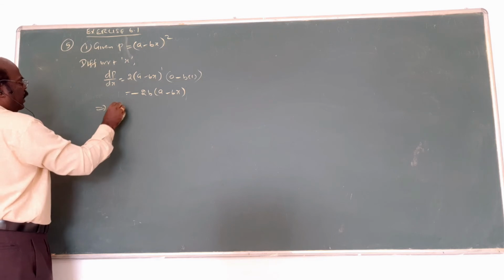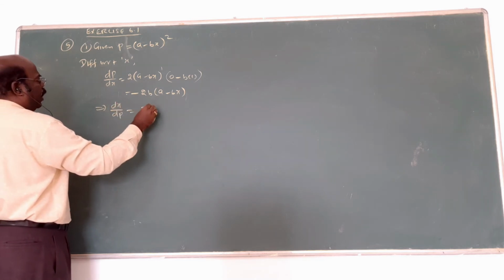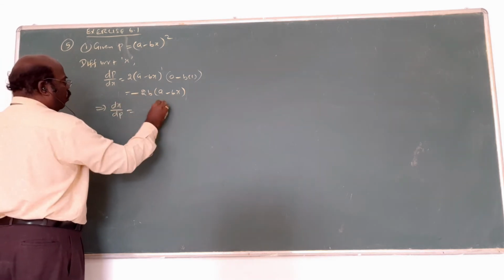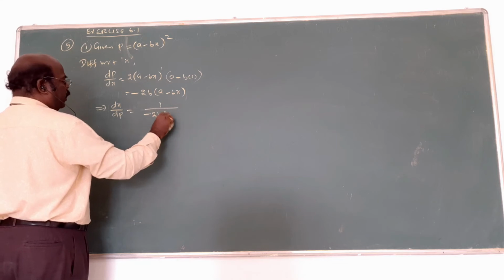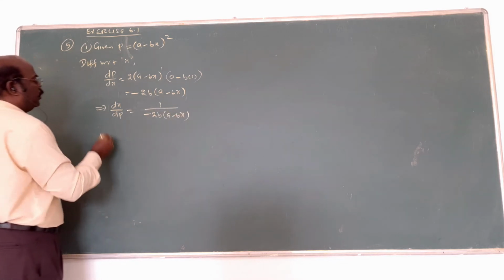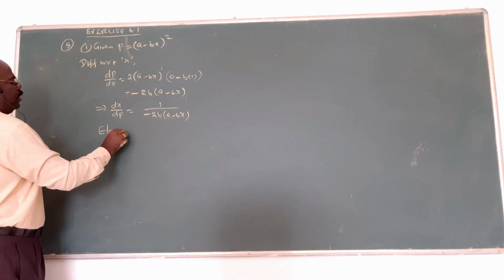But we want dx by dp. Am I right? The reciprocal is minus 1 divided by 2b into (a minus bx).